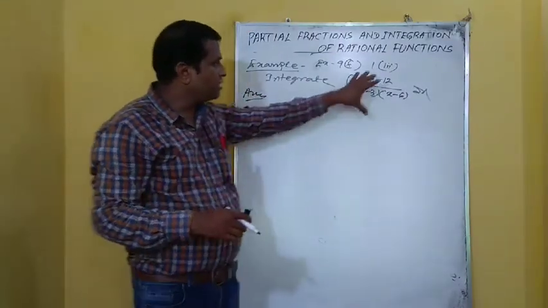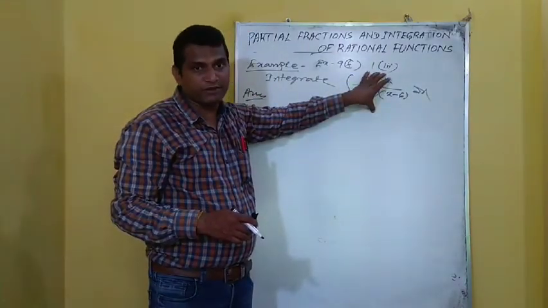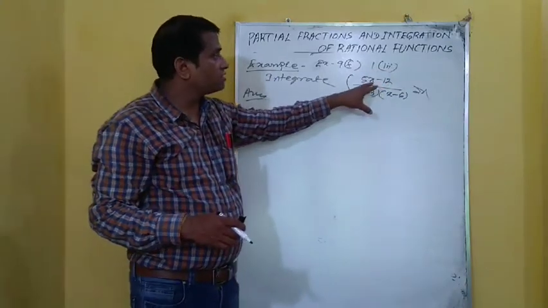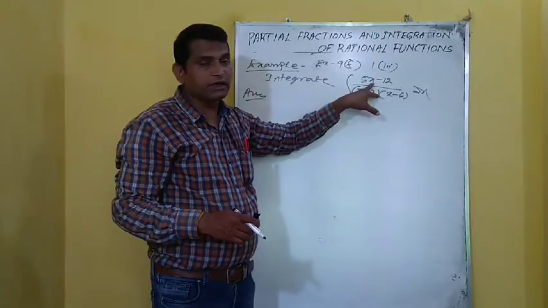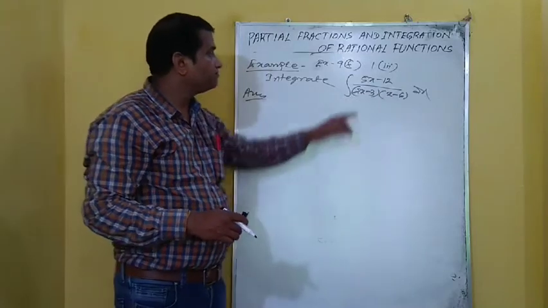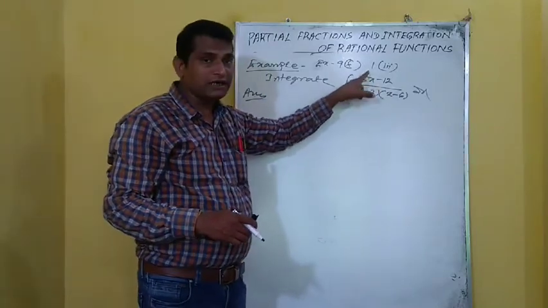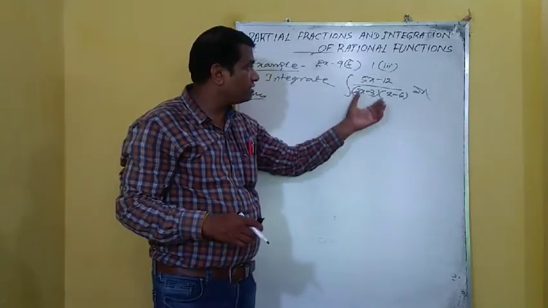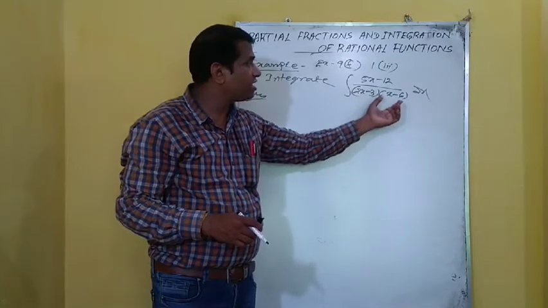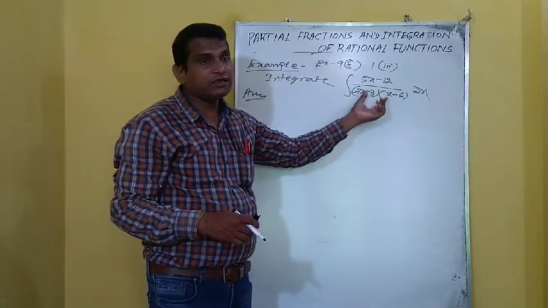Now the integrand is a proper algebraic fraction, because the degree of the numerator 5x minus 12 is 1 and the degree of the denominator, that is the product of 2x minus 3 and x minus 6, is 2.